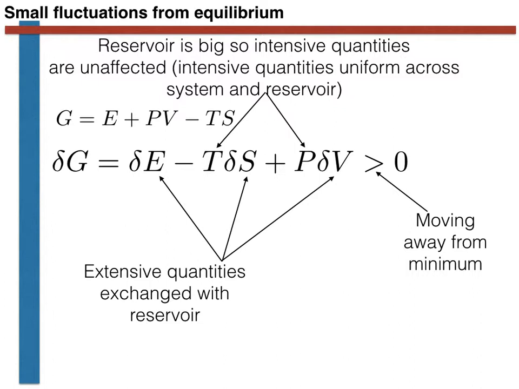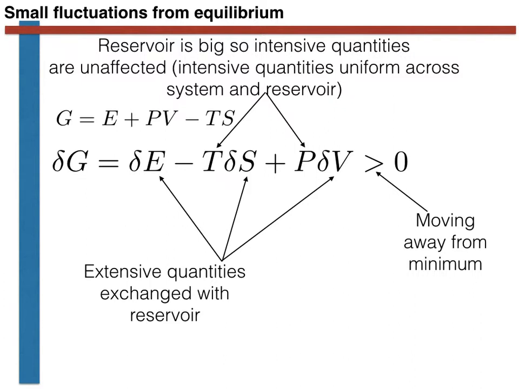At heart, this expression is telling us that if the state of the system, the values of the extensive variables, change by a small amount, that is to say, if the entropy changes by an amount delta S, the volume changes by an amount delta V, and the internal energy, also an extensive thermodynamic variable, remember, changes by an amount delta E, then the Gibbs free energy will increase.